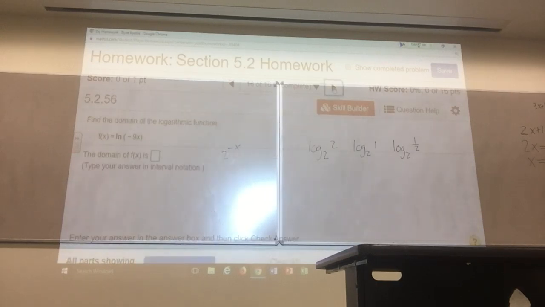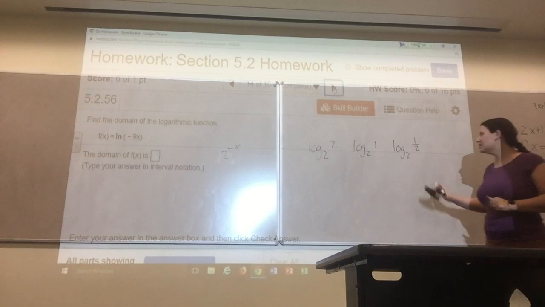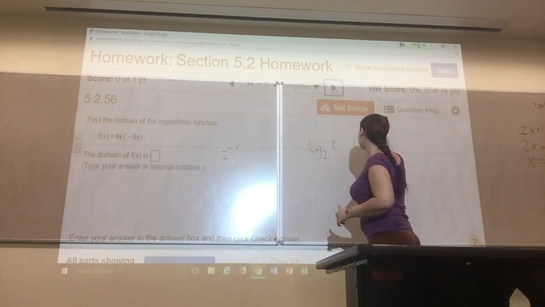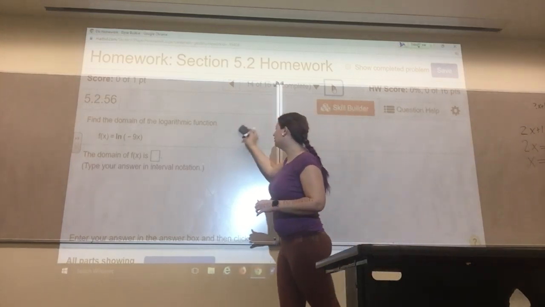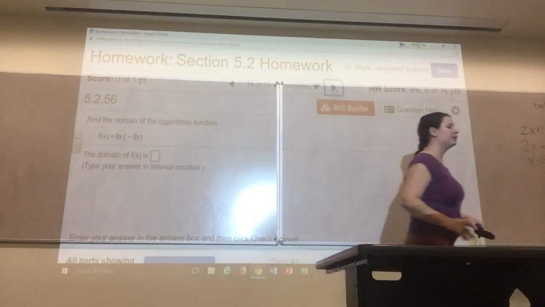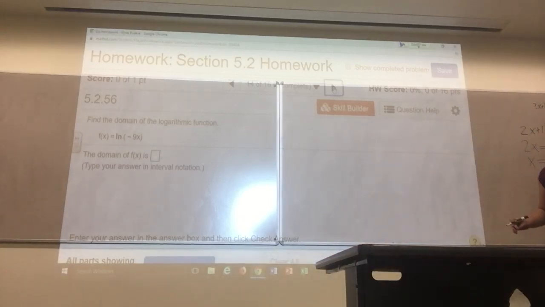And then what else? What is the normal domain of a logarithm function? Positive numbers. So bigger than 0. 0 to infinity, not inclusive. So, how do we figure out the domain of this function?